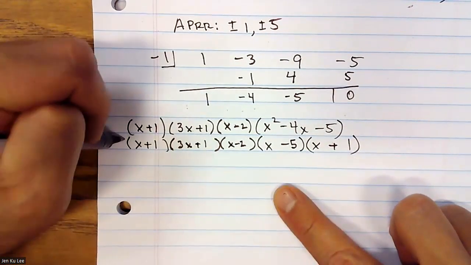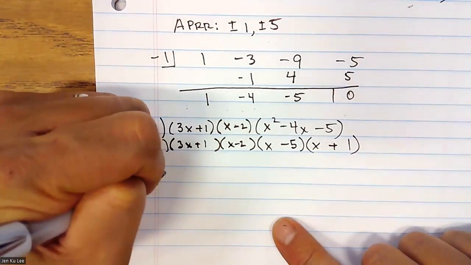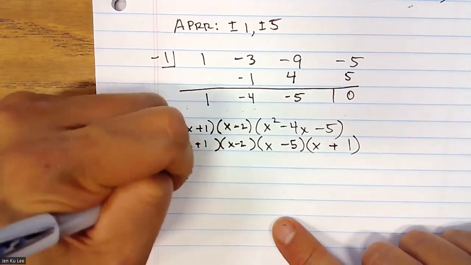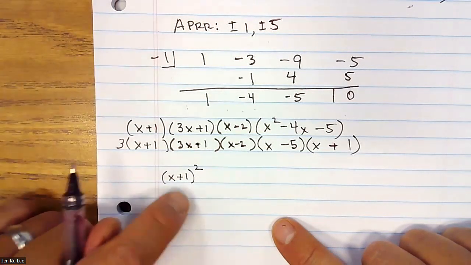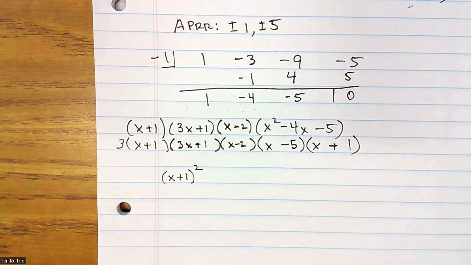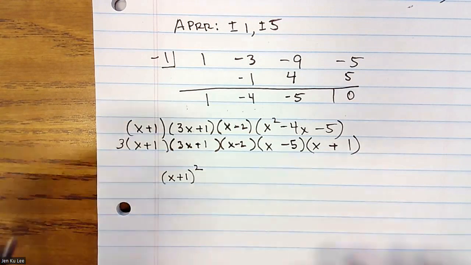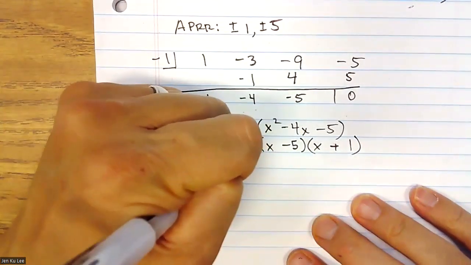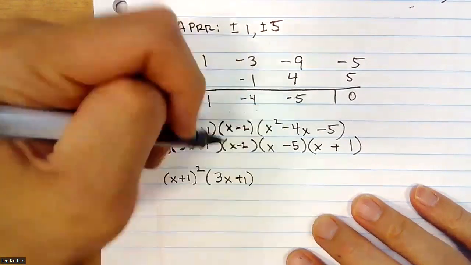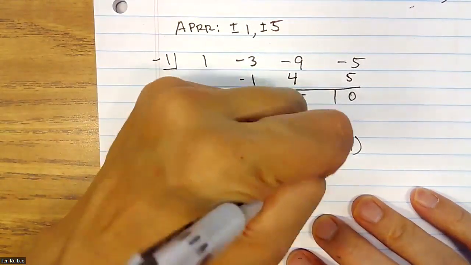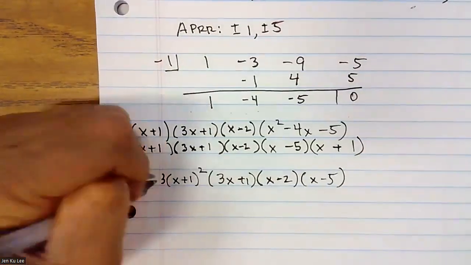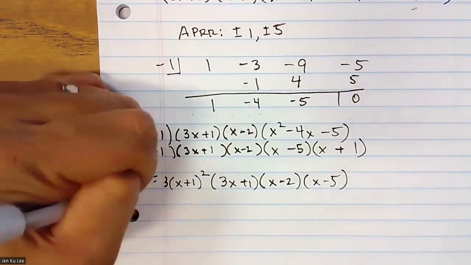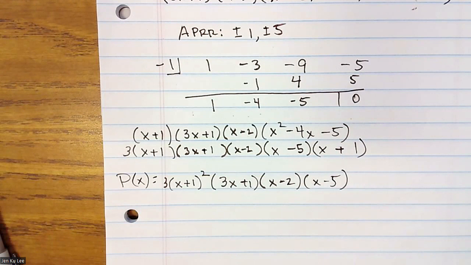They combine and make x plus 1 quantity squared. Okay, so this zero actually has a multiplicity of 2. Rewriting everything else with the 3 that I pulled out, that's my P of x, my polynomial in factored form.